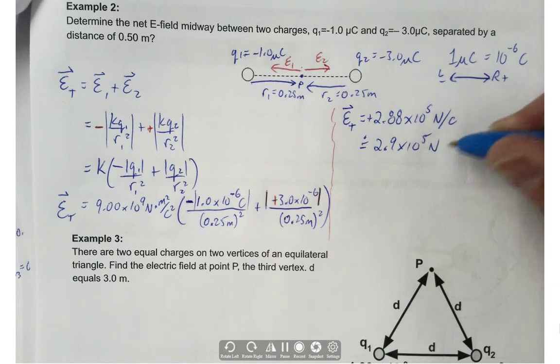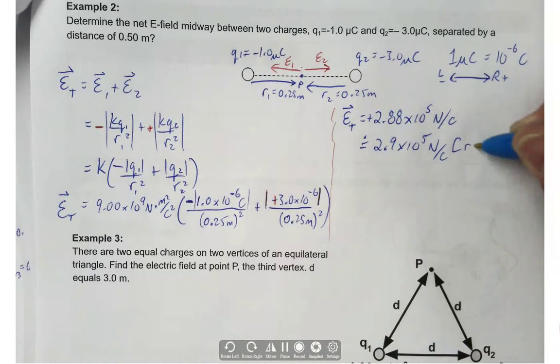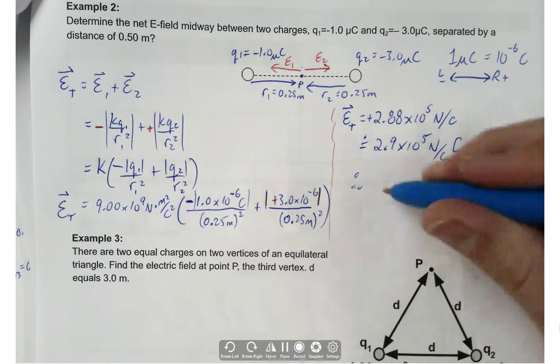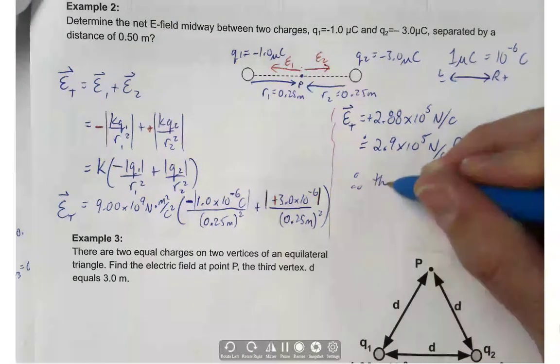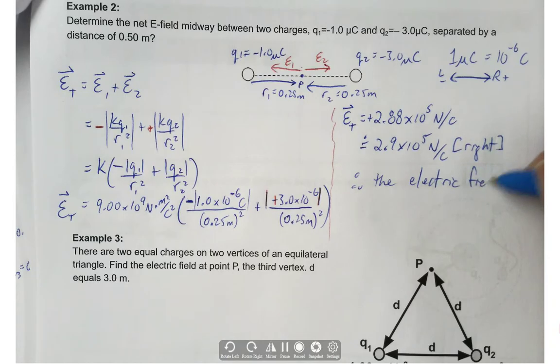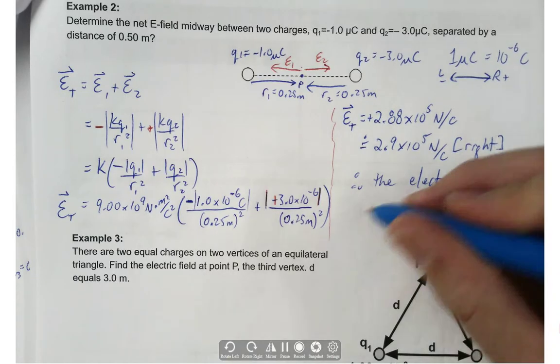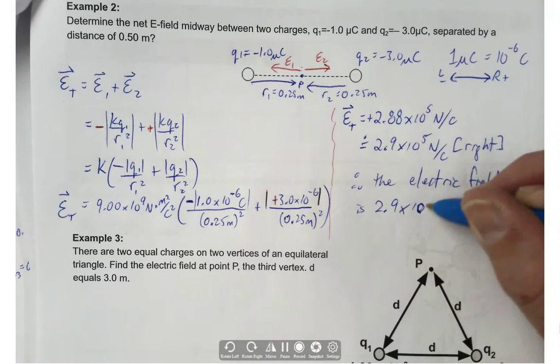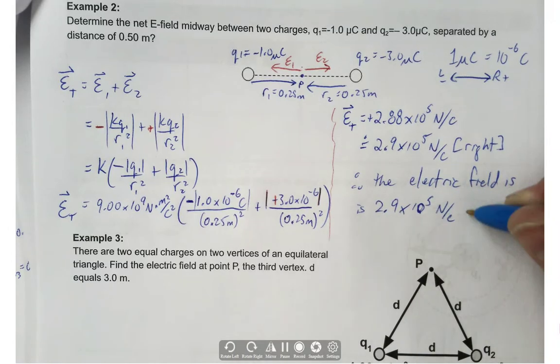Since it's positive, that means it's to the right. We could do a little therefore statement to get our part marks. Therefore, the electric field is 2.9 times 10 to the power of 5 newtons per coulomb to the right.